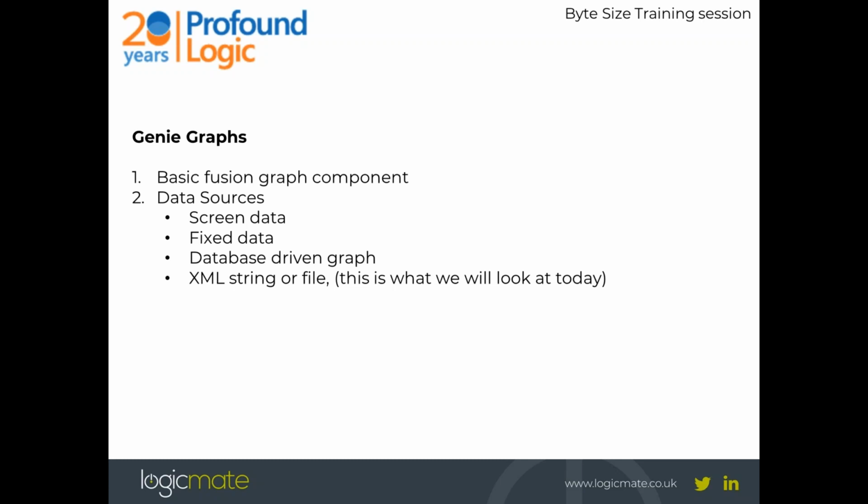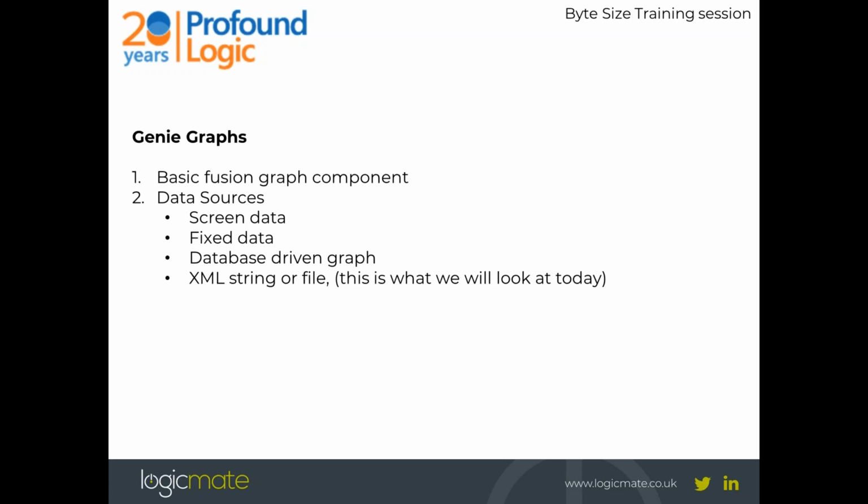Now, using graphs, we can take the data that populates the graph from many sources, and we've looked at Genie sessions before where we've done various things with different types of data sources. You can get data from the screen, directly off the 5250 screen.